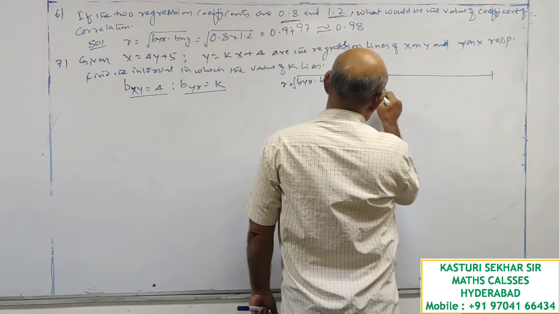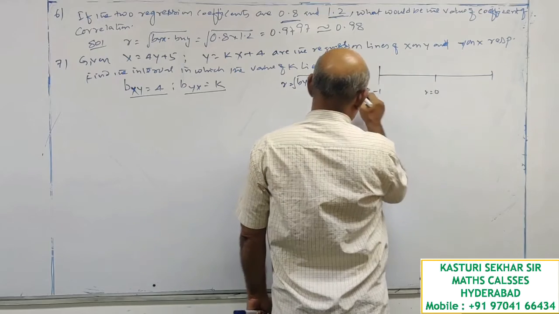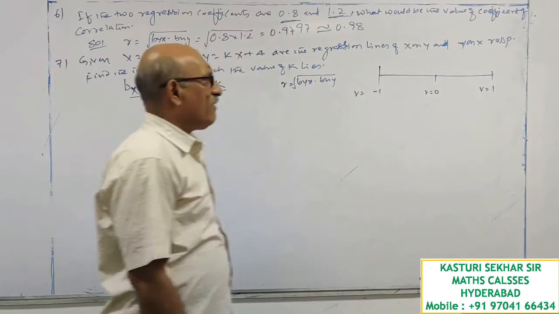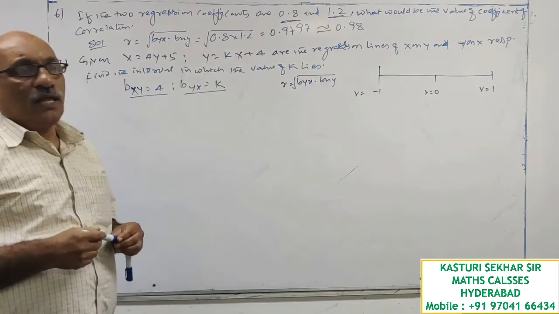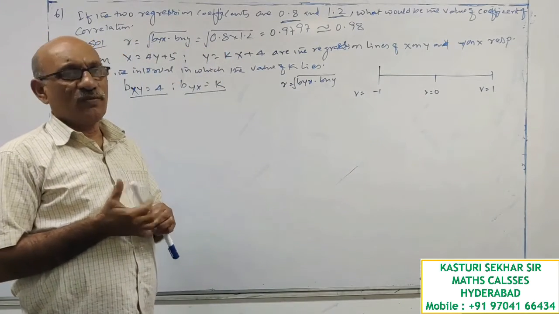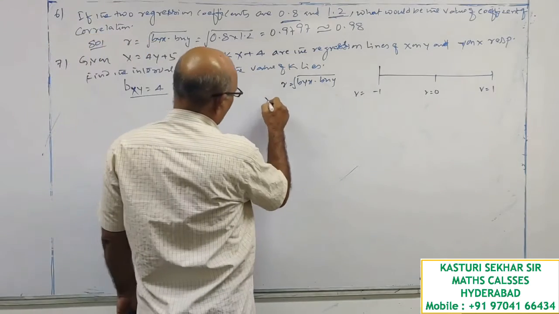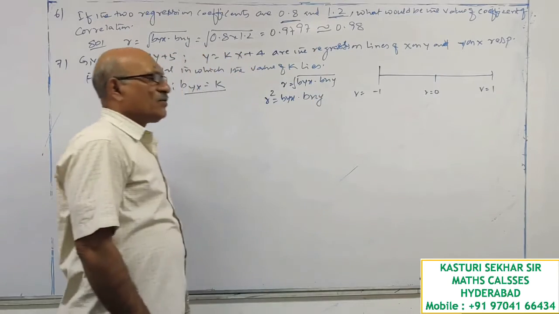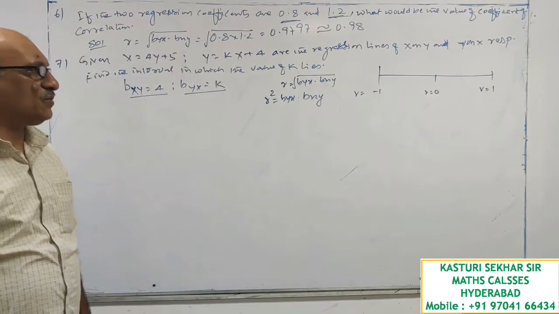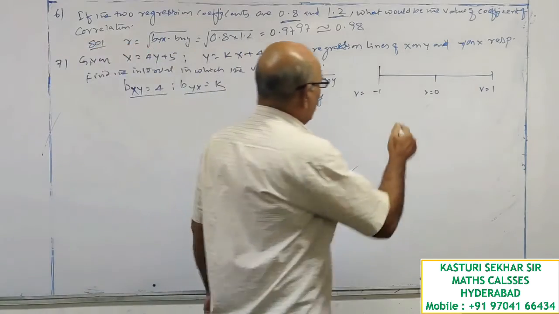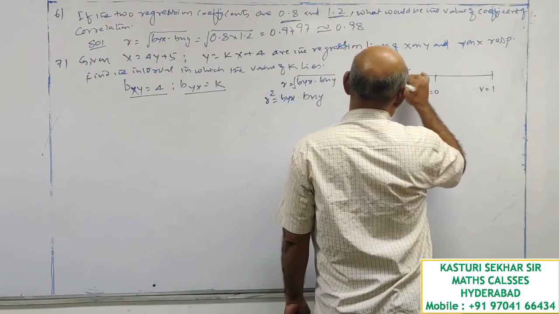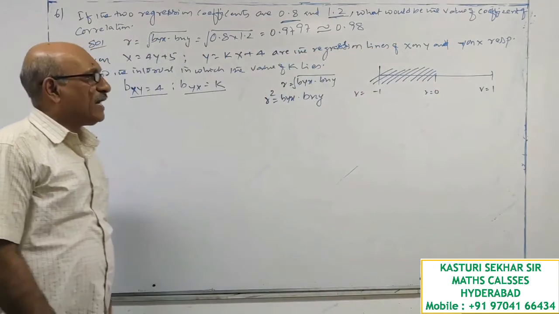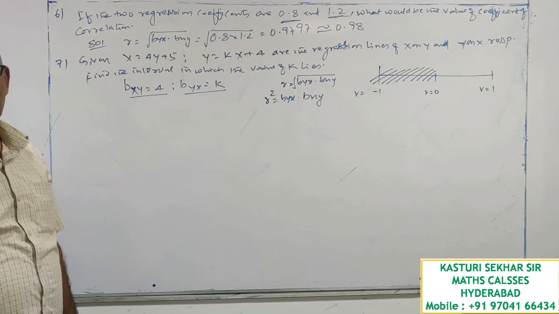We know the value of r lies from minus 1 to plus 1. So r square is equal to byx into bxy. When you are squaring, negative values are eliminated from the picture.